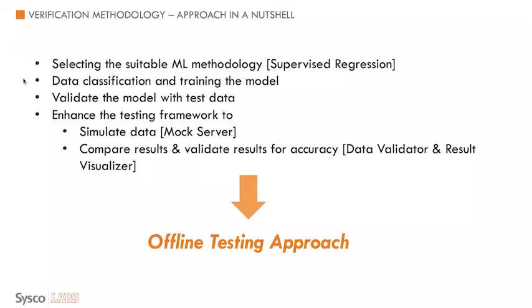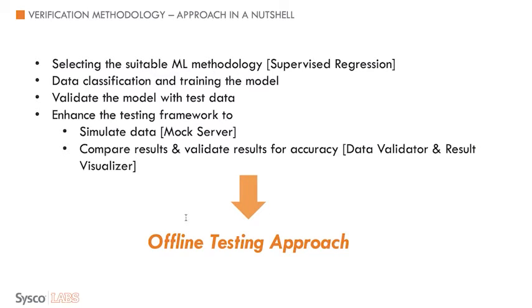So all these things we conducted in our local servers: training the model, integrating it into the existing application, testing it out. We did all these things in our local test environments. So that's why we call this the offline testing approach, right?